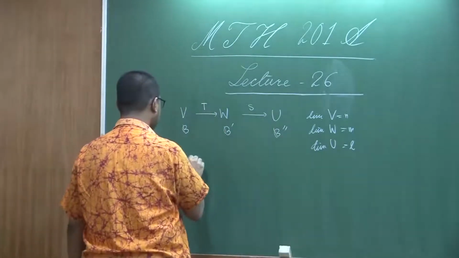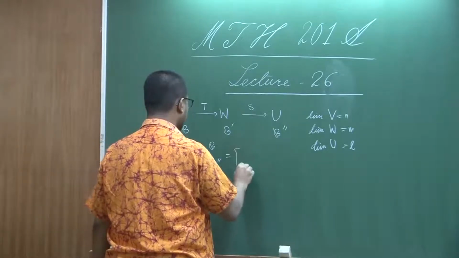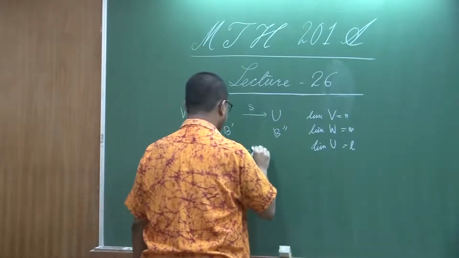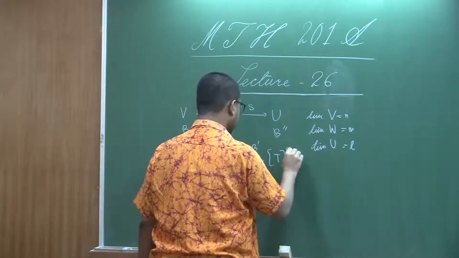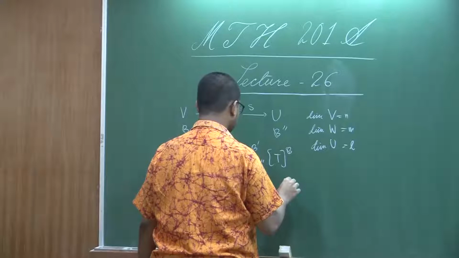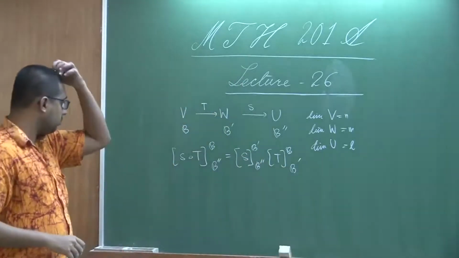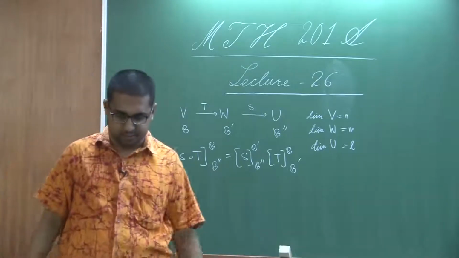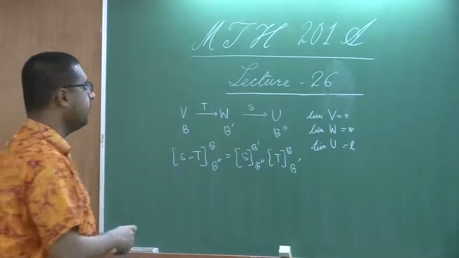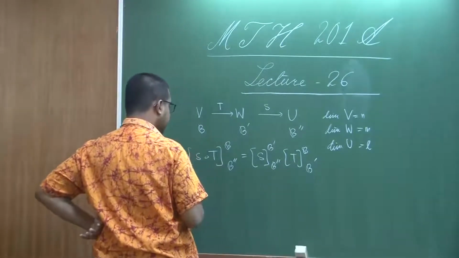Then the matrix representation of the composition, with respect to B, B prime, corresponds to the composition of the linear maps.